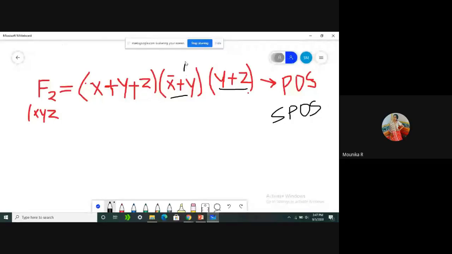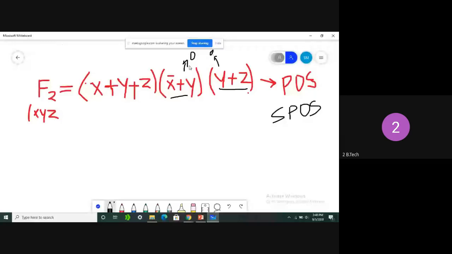Here also the X term is missing, so instead of the X term we simply add 0. One more thing: in the second term Z is missing. Instead of adding 0, I'm adding Z into Z bar. What is its value?